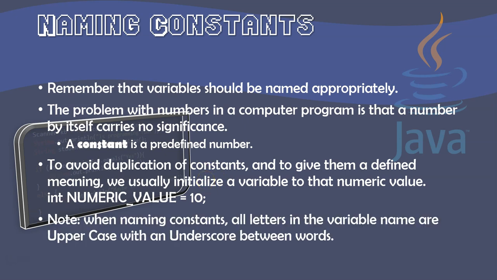That's because when we're naming constants, all the letters in the variable name are uppercase with an underscore between each word. You'll notice it says NUMERIC underscore VALUE, and again, these are all uppercase. So this is a little different than what we've seen because up to this point, all our variables have been camel case. It's just a styling convention that we use to help differentiate a constant from a normal variable.